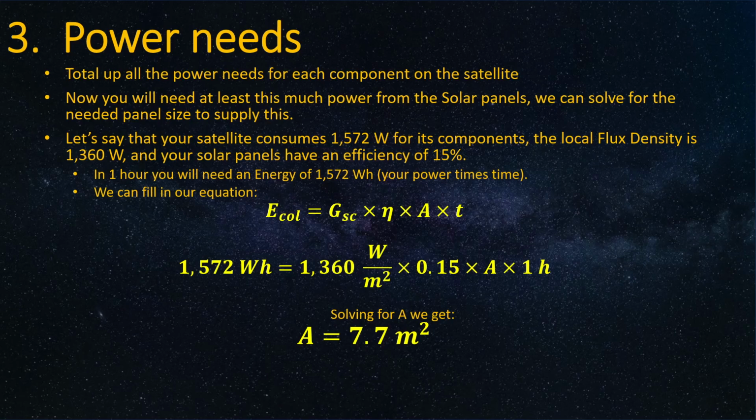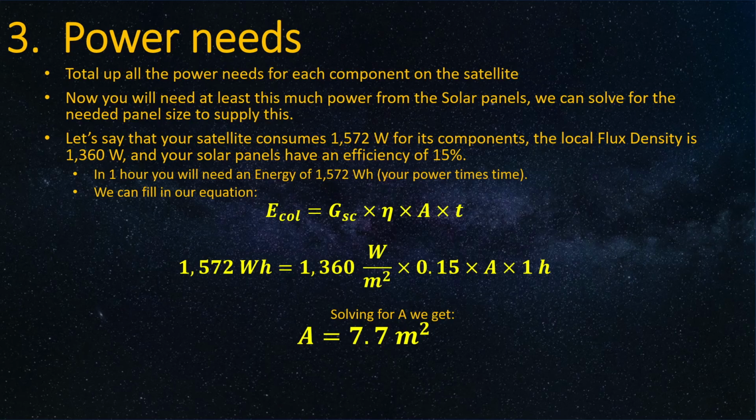Okay. The energy collected, the energy we need, is 1,572 watt-hours. Remember, energy is power times time. So that's watt-hours. Well, that will be equal to our flux density, which is 1,360 watts per square meter, times our efficiency, which is 15%, 0.15, times the area of the solar panels. Well, we don't know how much we need.